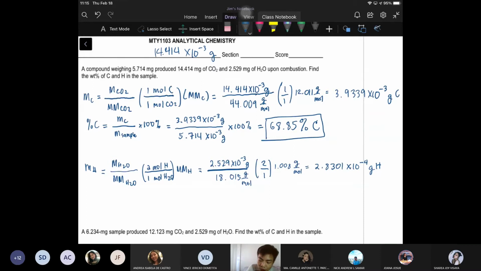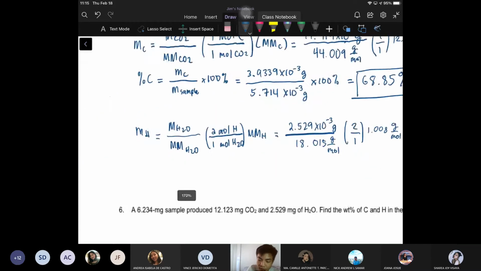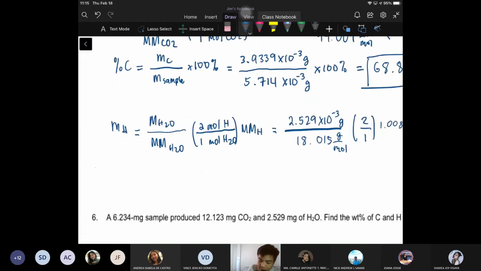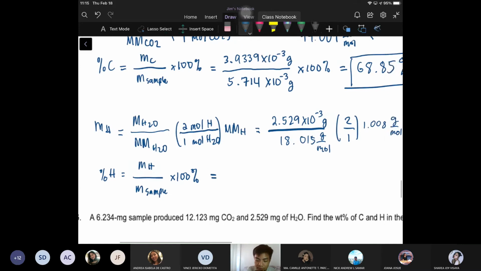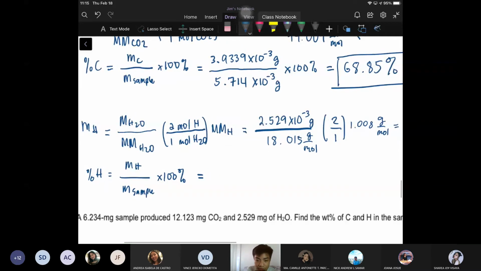Okay, so to do that, zoom in ko ulit. So that will be percent hydrogen equal to mass ng hydrogen divided by mass ng sample times 100%. Ganon pa rin, ha. Di-divide mo siya sa mass ng sample mo, just like the previous question na sinagutan ko.